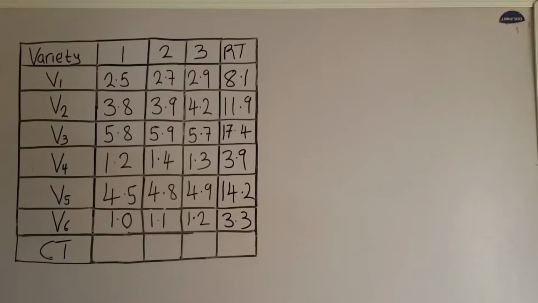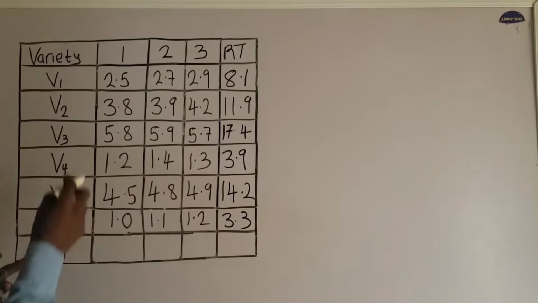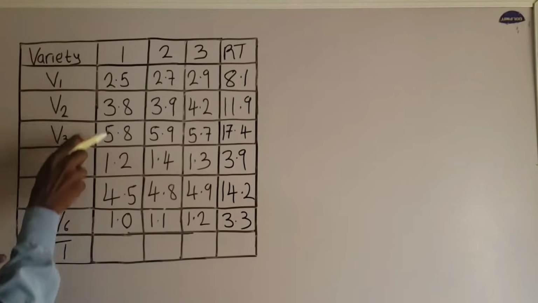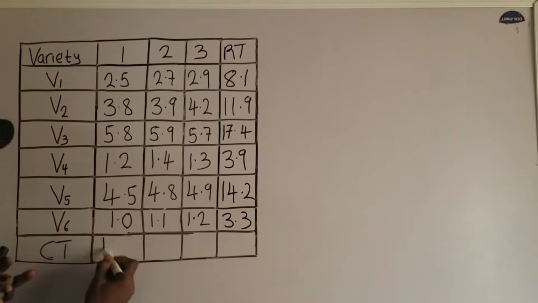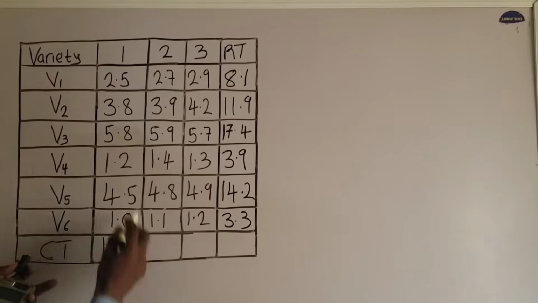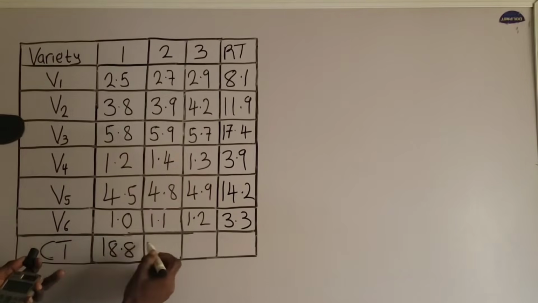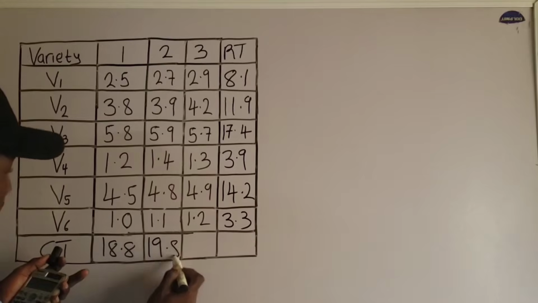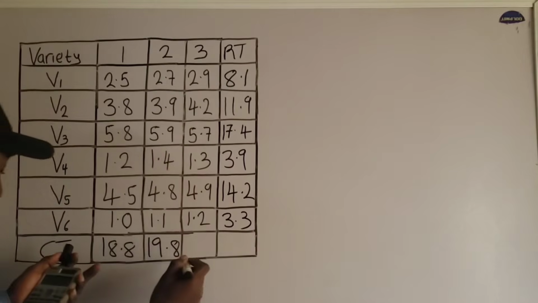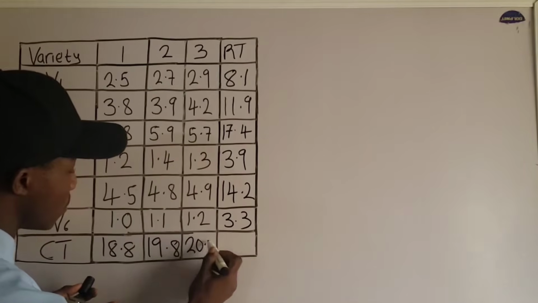After taking the sum of each treatment, let us take the sum of each block, that is the column total. So this is 18.8, for block 2, that is 19.8, and for the third block, that is 20.2.